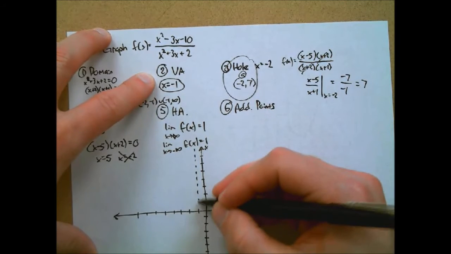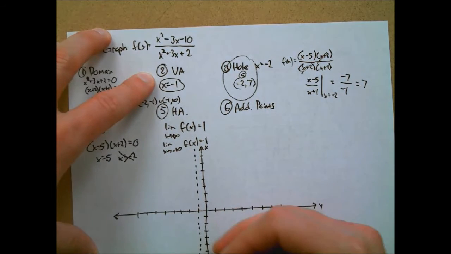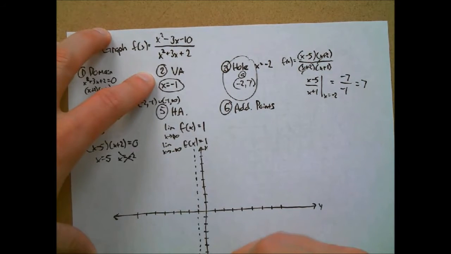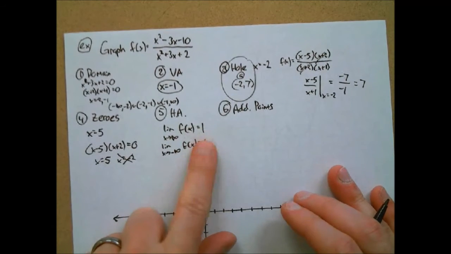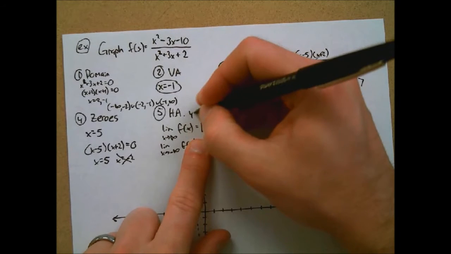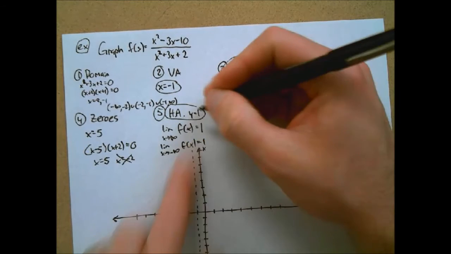My wobbly y-axis there, but oh well. Okay, horizontal asymptote at y equals 1.